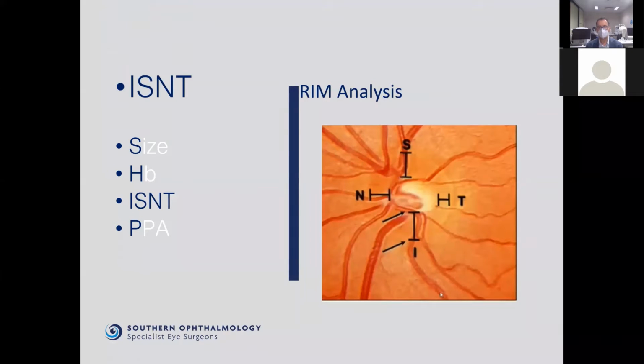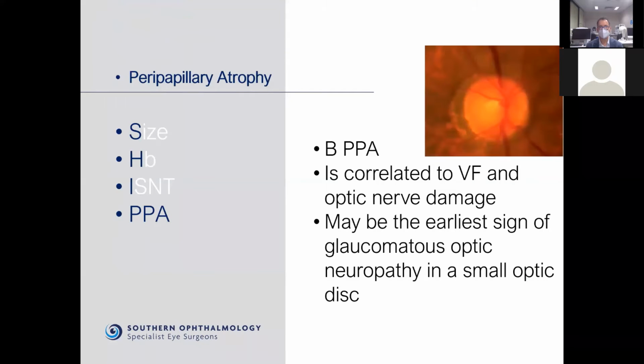And if our neuroretinal rim does not follow the ISNT rule, we should be suspicious of glaucoma. Beta peripapillary atrophy may be the earliest or only sign of glaucomatous damage in a small optic disc. It correlates well with visual field changes, and we need to make an assessment of it.